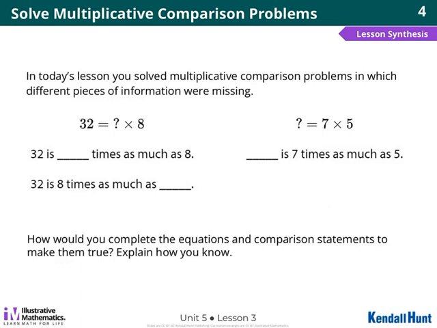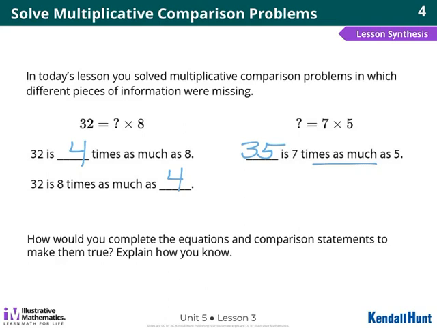Everybody? 4. 32 is 8 times as much as 4. Blank equals 7 times 5. What is 7 times 5? 35. 35 is 7 times as much as 5. Oh, I guess we just completed them together, didn't we?